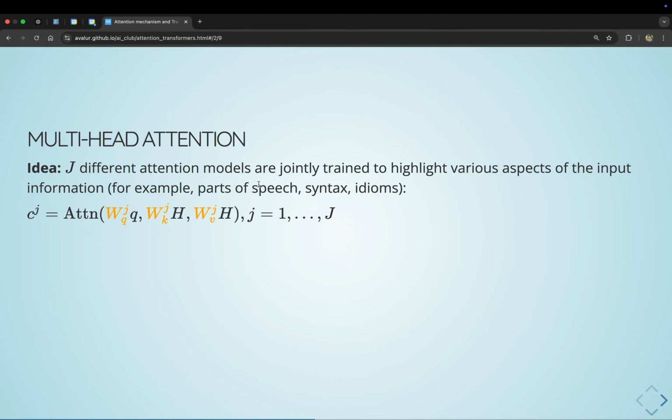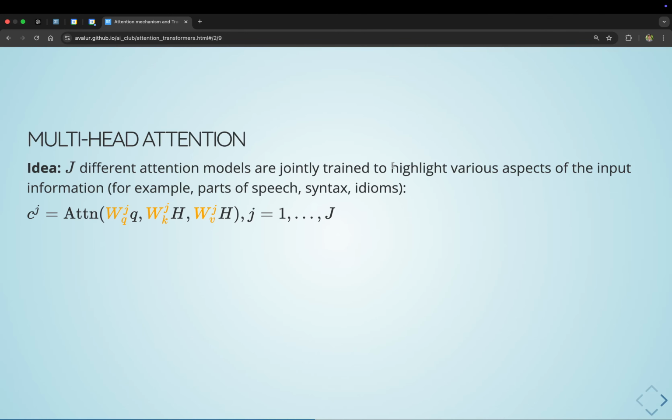And then, if we understand what is one head of attention, we can perform the multi-head attention. It means that we simply copy all the attention matrices to get j different attention models, which will represent the different aspects of the input information.